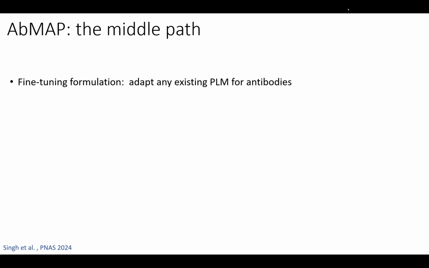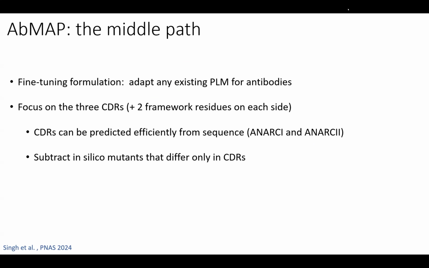The key idea in AbMAP is that, given just the sequence of a BCR, you can predict where the CDRs are likely to be. You can do this using some methods from Charlotte Deane's lab, NanoKey and this new one, which I'll call NanoKey2. Because we want to leave some leeway, we include 2 framework residues on each side.